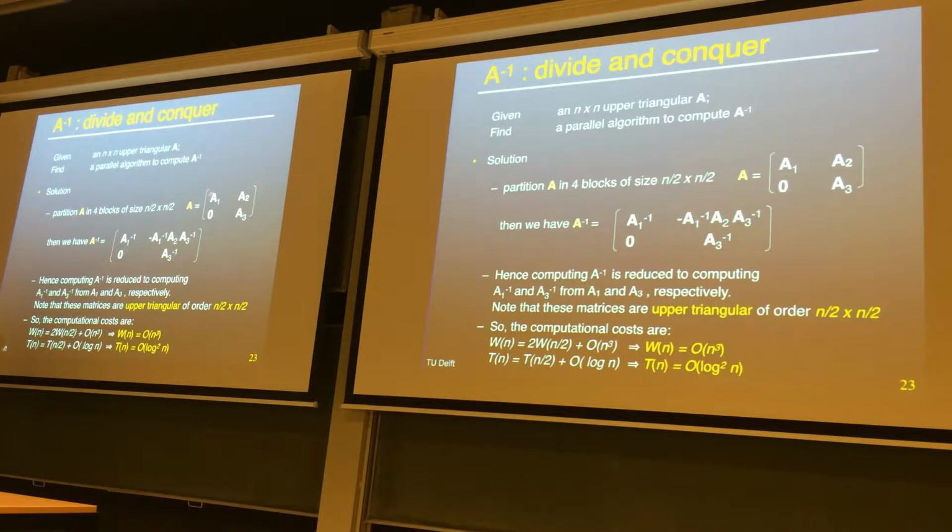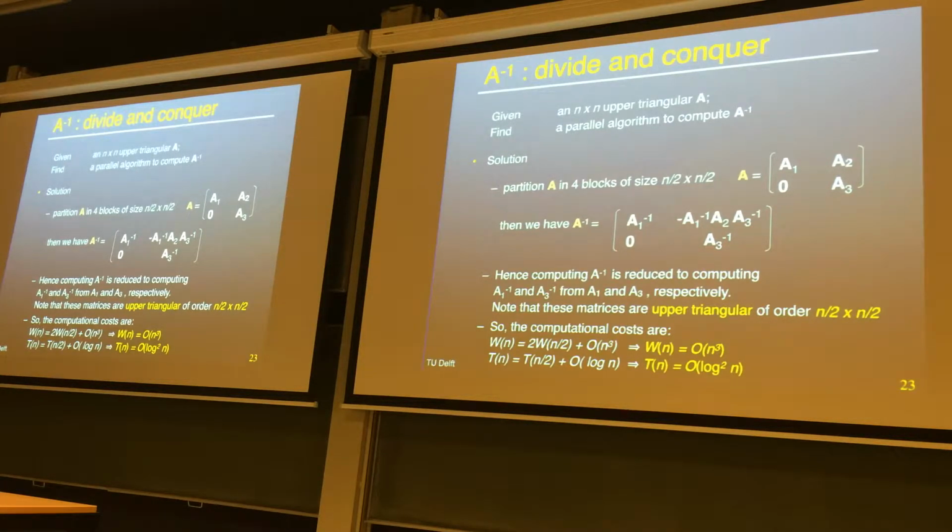Once you know them, you can compute the whole inverse, because this requires the inverse, this requires the inverse, and then times A2, you already had it. So, computing the inverse of A comes down to computing the inverse of a submatrix of A, here, A1 and A3, and multiplying them with the result, and then you have the original.